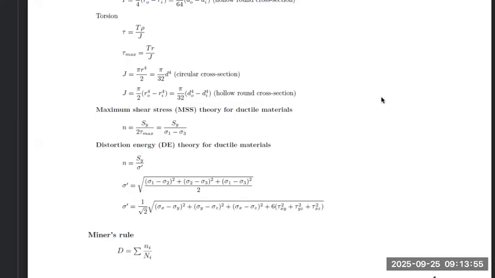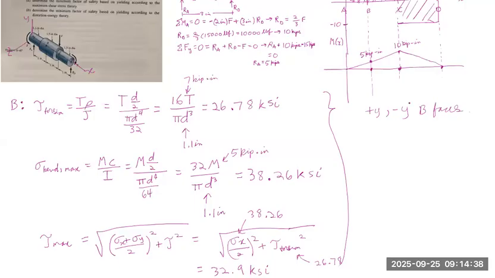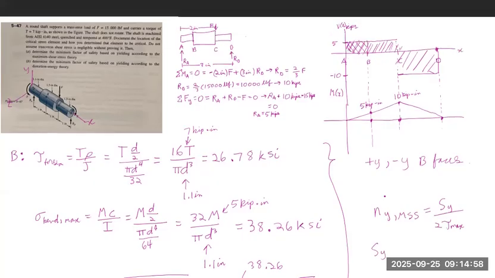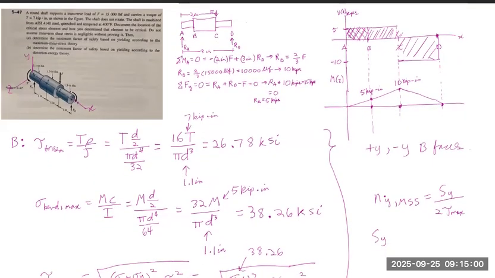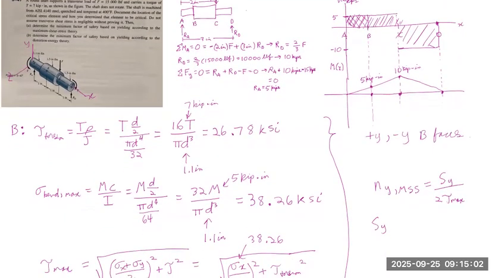So the factor of safety for yielding at MSS is thus equal to the yielding strength over 2 tau max. And we have to find the Sy value for our steel, which is AISI 4140 steel. And we find that from our diagram.